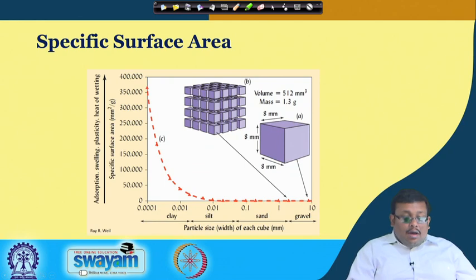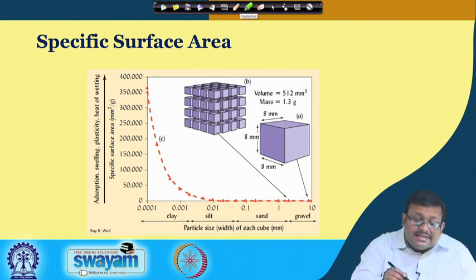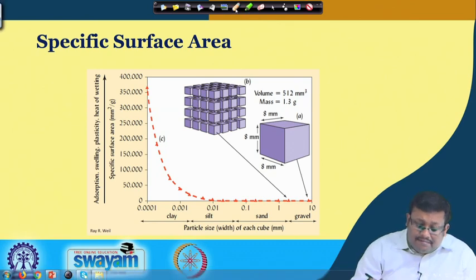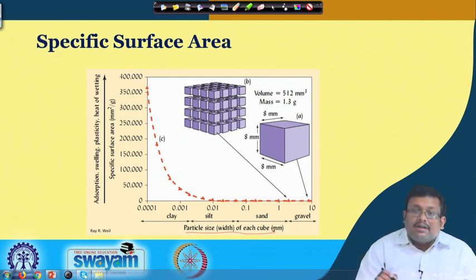This slide shows the changes in specific surface area as we go from gravel to sand to silt and clay. On the x axis we are plotting the particle size, or width of each cube, if we consider each soil particle as a cube.